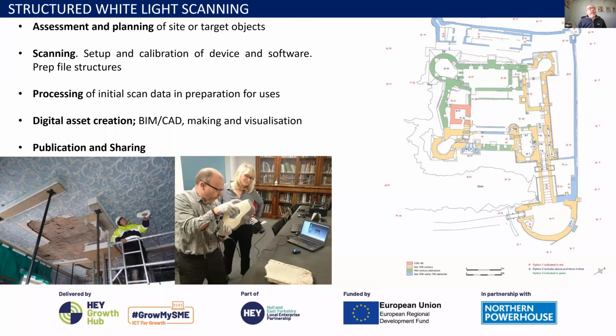One thing that is common with a lot of these scanning processes, and it's important to us, and has a degree of importance depending on the object you're scanning, is the assessment and the preparation to do the scanning. So if we're scanning a castle, then initially there's a lot of pre-tasks that we do before we actually scan a castle.